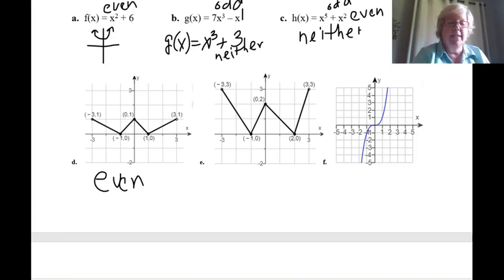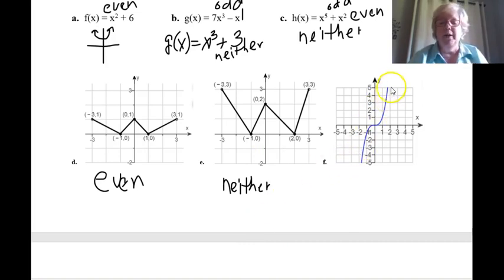Now, with our second example here of a graph in example E, notice it almost looks even. It looks like that shape of a W, but do you see how it's off-centered at the bottom? One point is over here at -1, 0, and one's at 2, 0. That makes it a little bit off. So if it's off-centered like that, we would say it has no symmetry. That would be neither.